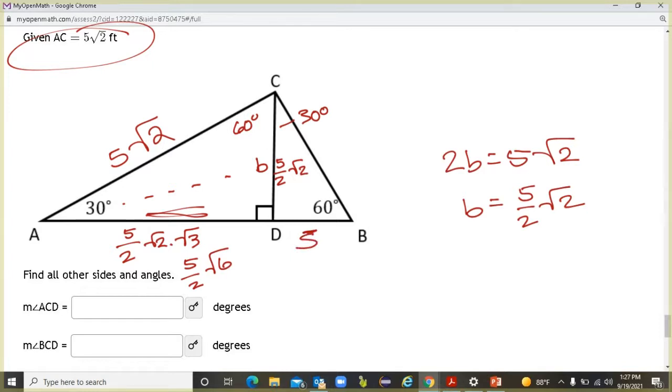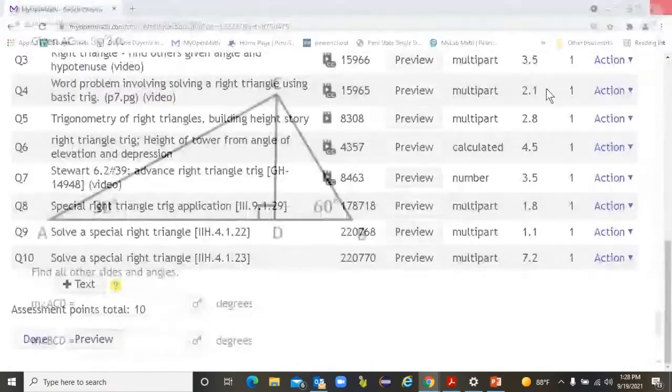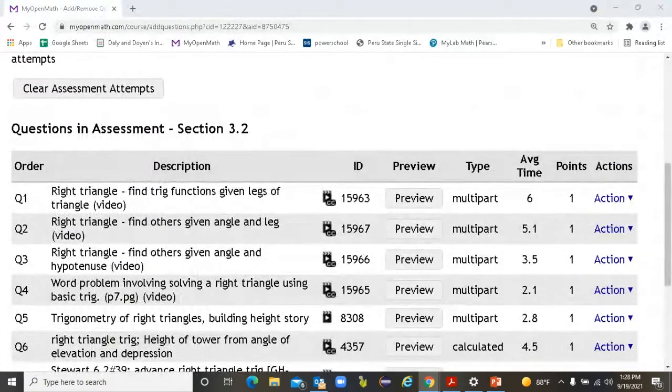So the long side is always square root of 3 times the short side. So if you divide that by square root of 3, you'll get S, etc. So anyway, that is this homework. So again, with those word problems, just read them, draw a picture, and you'll have a nice right triangle that you can use trig on.